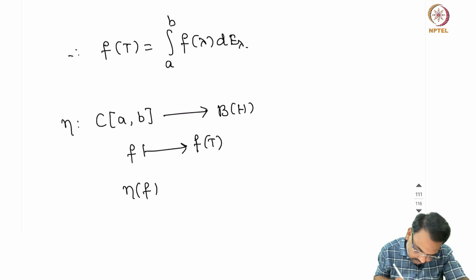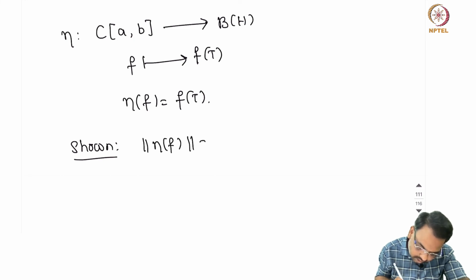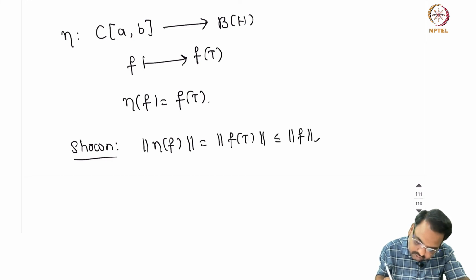So eta f is f of t. So we have shown that norm of eta f, which is nothing but norm of f of t, is less than or equal to the sup norm of f.